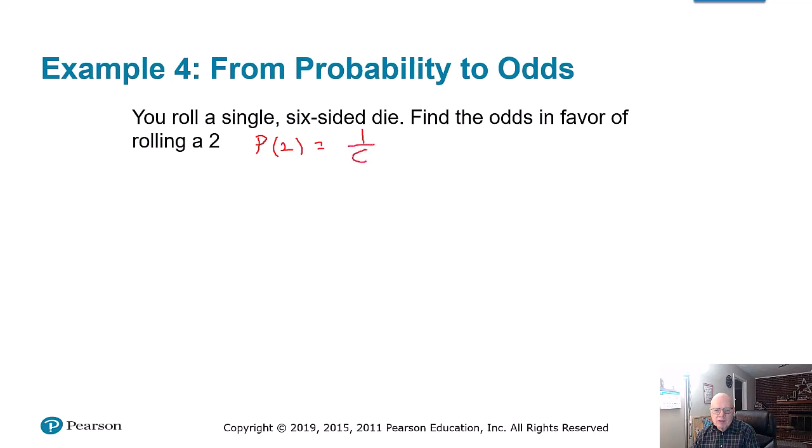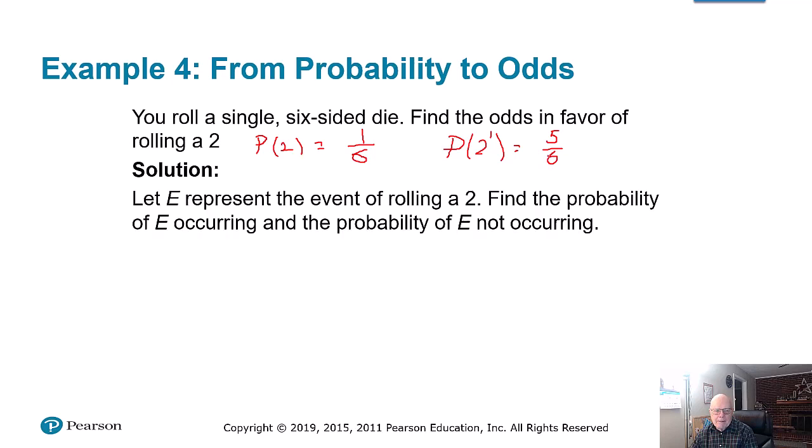There's 6 possible results. There's the probability of getting a 2. And then you also want the probability of not getting a 2. Well, there are 5 ways you can get something other than the 2. So 5 goes on the top, and there's 6 sides to the die. Those are the 2 pieces you need.